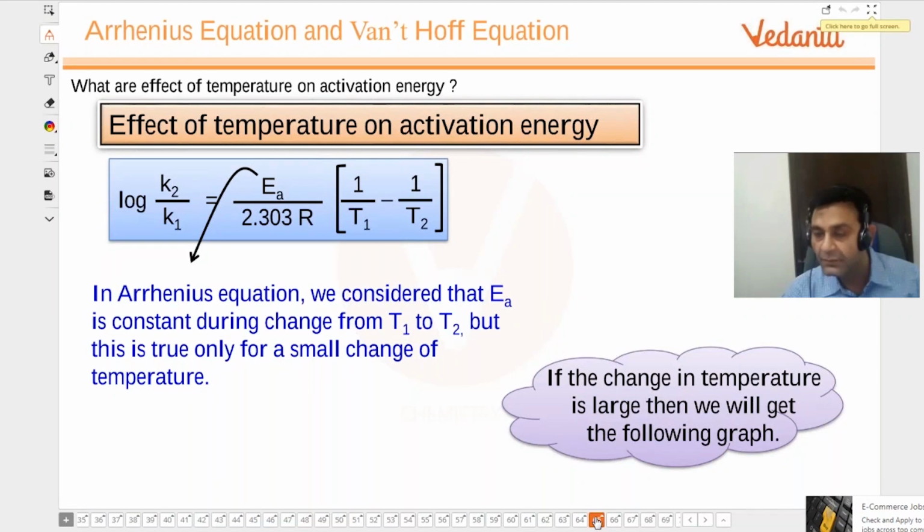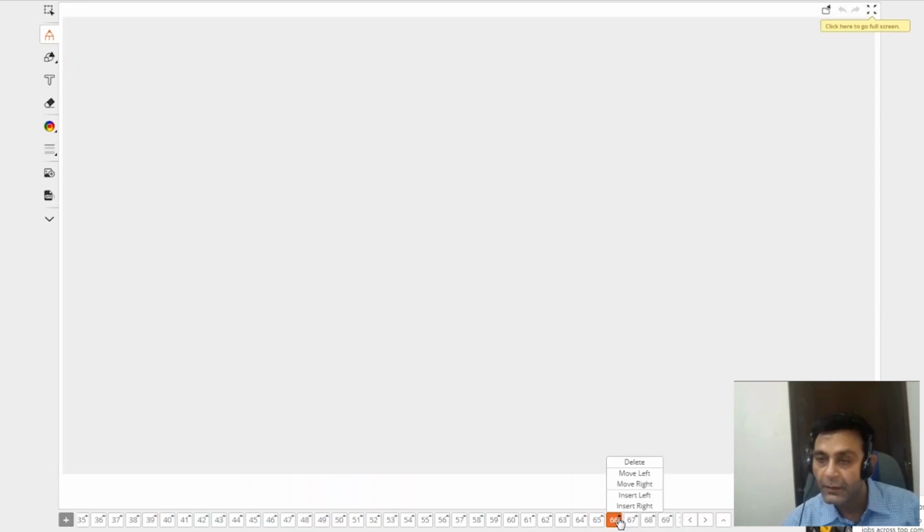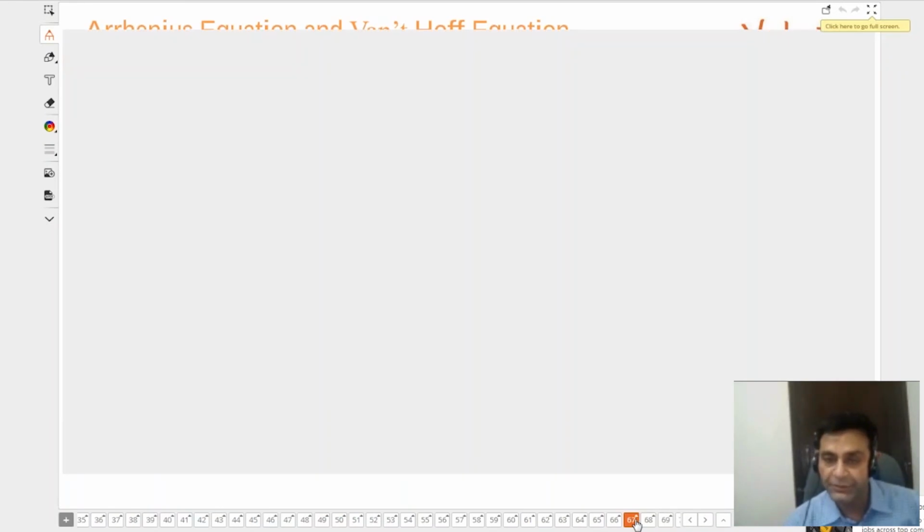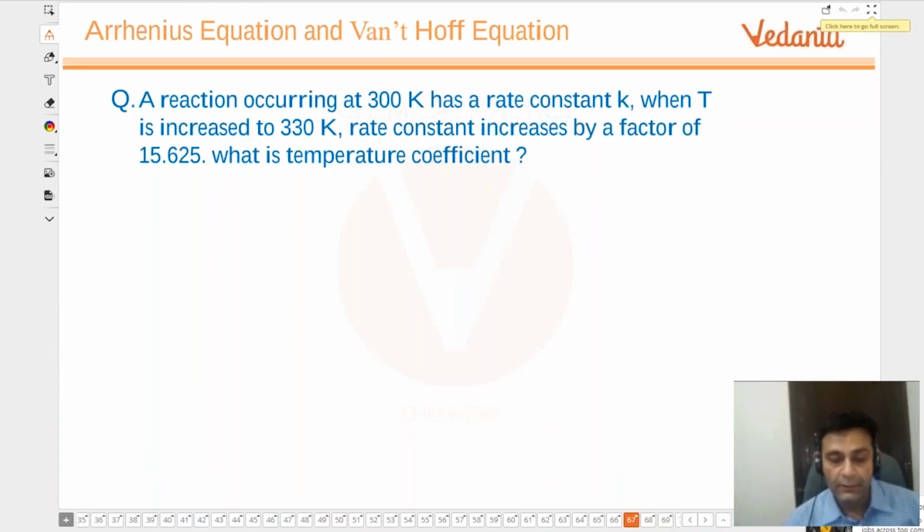Reaction is possible by increasing temperature. Otherwise, the activation energy remains the same. Right? Are you getting me now? Only what happens is we cover the energy barrier by increasing temperature. Right? Leave this part. I hope it's very clear now, all of you.